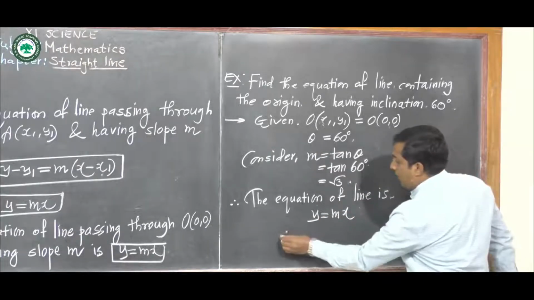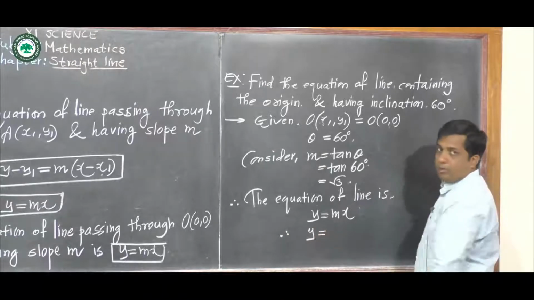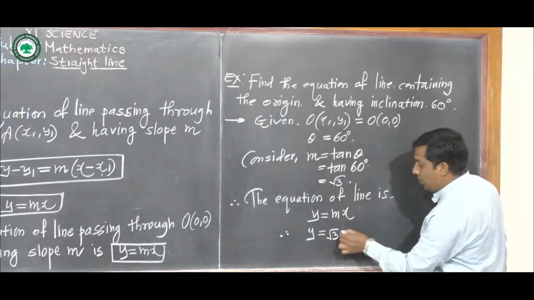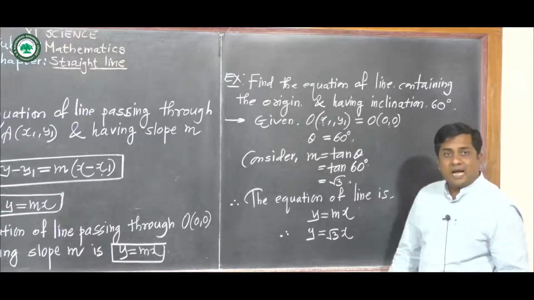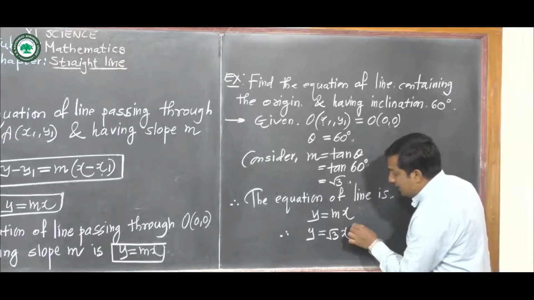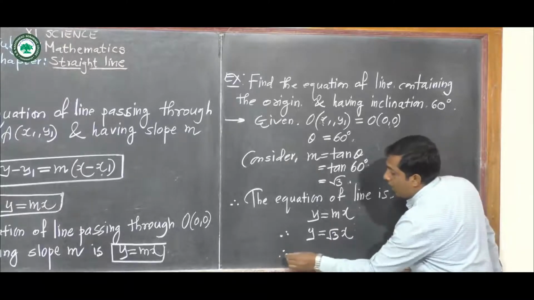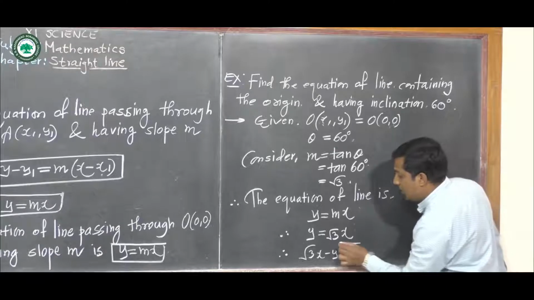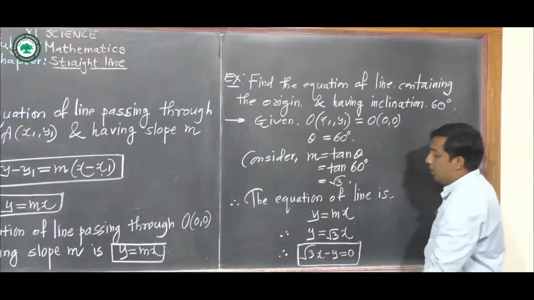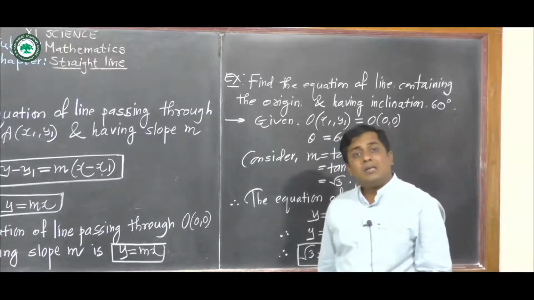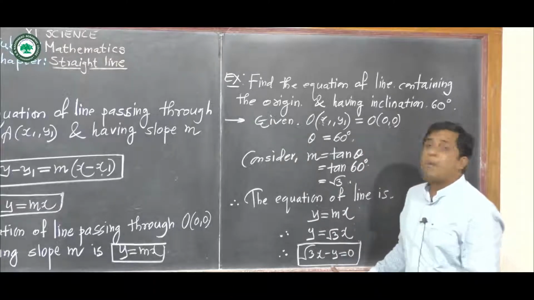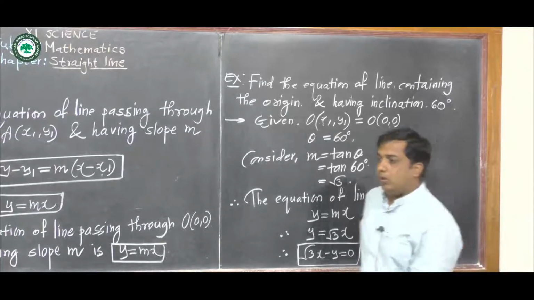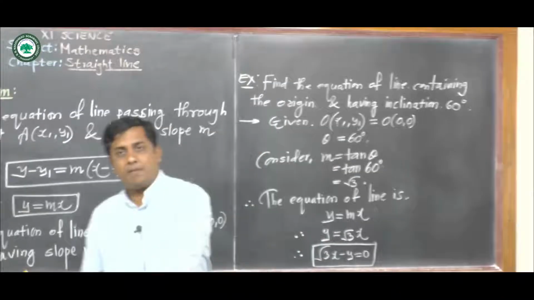Therefore y is equal to, we know m is root 3, so we replace m by root 3 and x as it is. So this is the equation of the given line, or I write this as root 3 x minus y is equal to 0. This is the equation of the required line. Very simple example it is. Try to remember this example. Now we go with our second example.